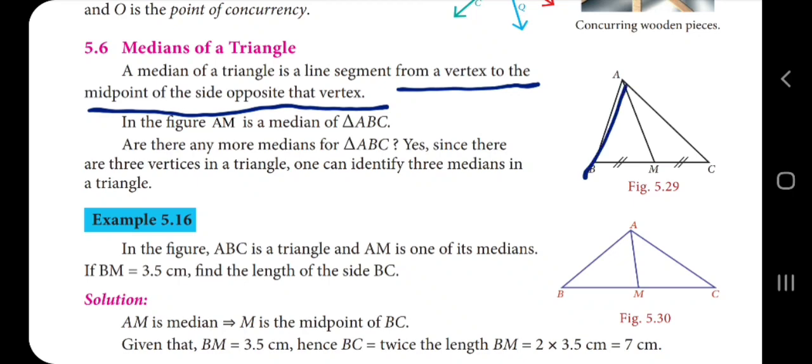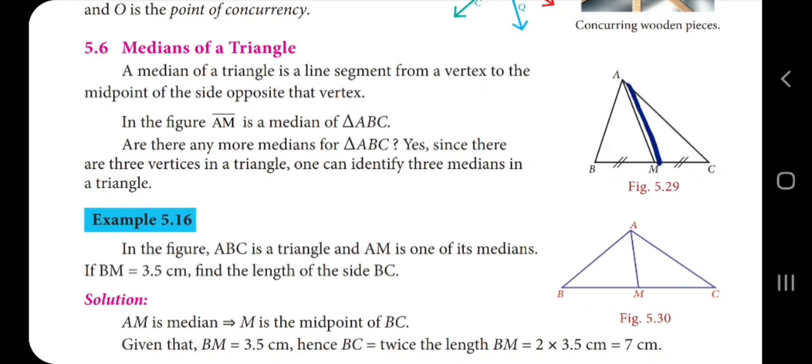So in triangle ABC, the median is a line which goes from the vertex to the opposite side. The corner to the opposite side. This is called a median.